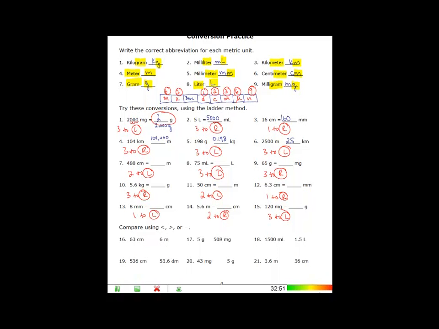Number 7, 4.8. Number 8, 0.075. Number 9, 65,000. Number 10, 5,600 grams.